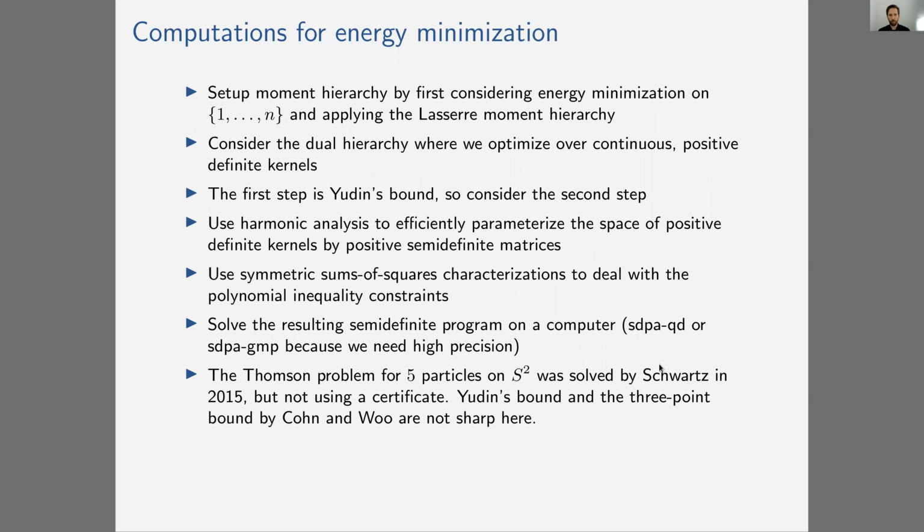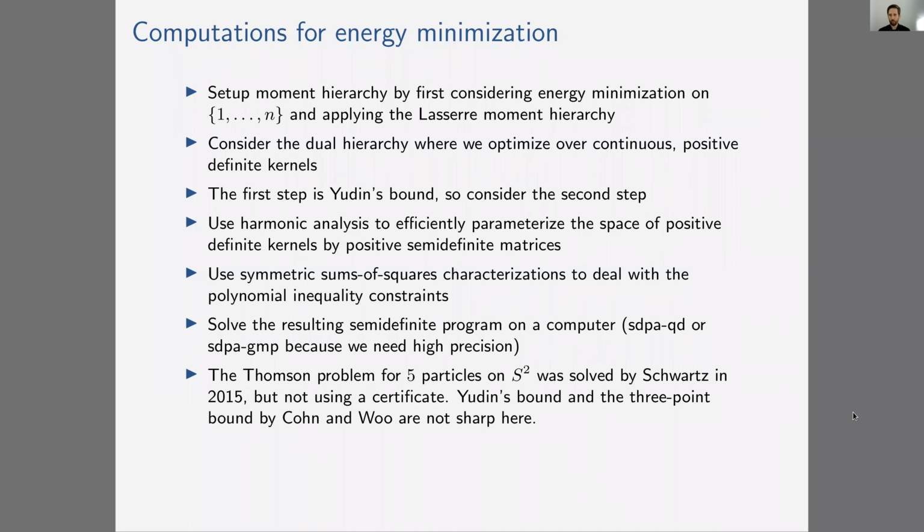So I want to mention one application where this computation worked out. The Thomson problem for 5 particles on the 2-dimensional sphere was solved by Schwartz in 2015, but he didn't use a certificate. He found a very clever way of discretizing the infinite search space where these 5 particles can live, and then really going through the whole search space.